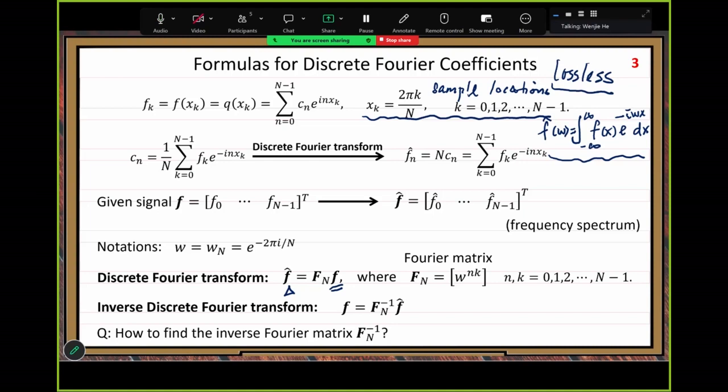For example, if y vector equals capital A times x vector, and x is n-dimensional, y could be a different dimension, so m-dimensional.